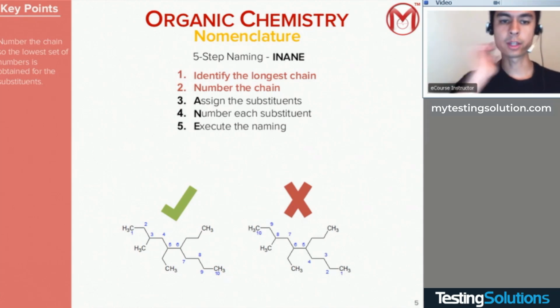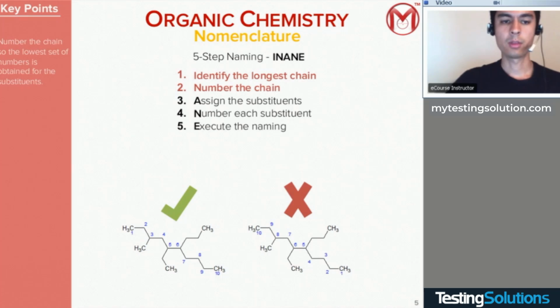And so the next question is, which way do we name it? Do we name it starting with 1 over here, or do we name it with 1 starting over here? So the rule here is that you want to have the lowest number substituents. That is, the first number that shows up should be as low as possible. So here we're going to start with 3. Here we're going to start with 5. So we're going to go with the left one.